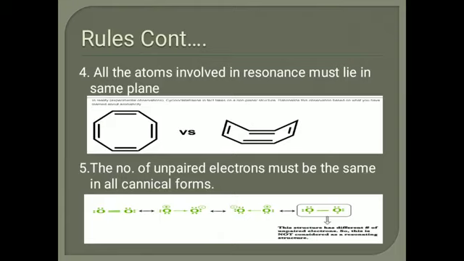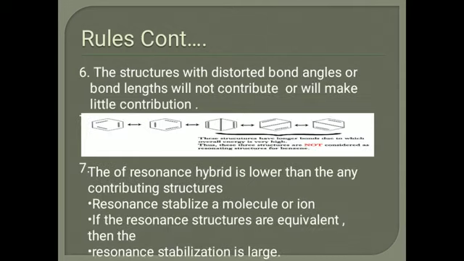So this is different from the others and does not have the same number of unpaired electrons. This will not be a resonance contributing structure of the O2 molecule, because it has a different number of unpaired electrons from the other ones. That's it.